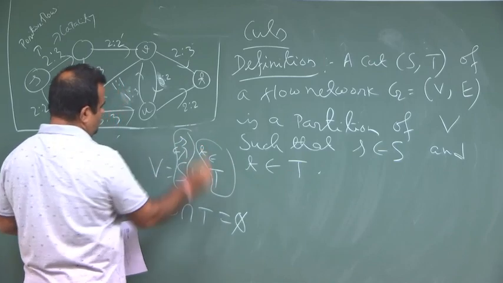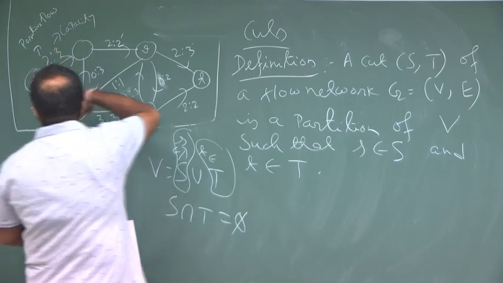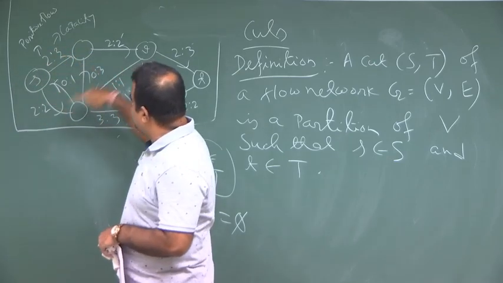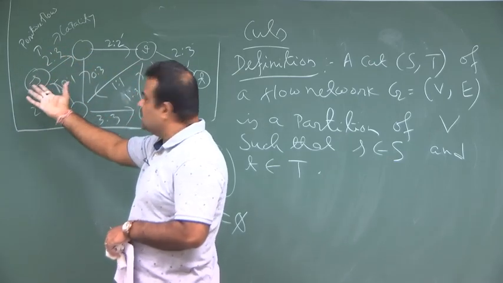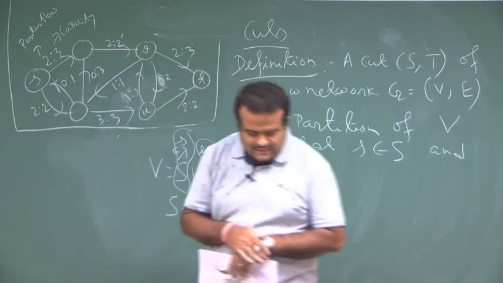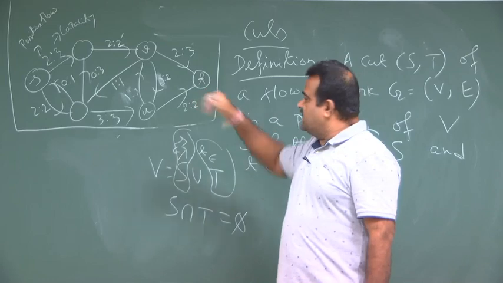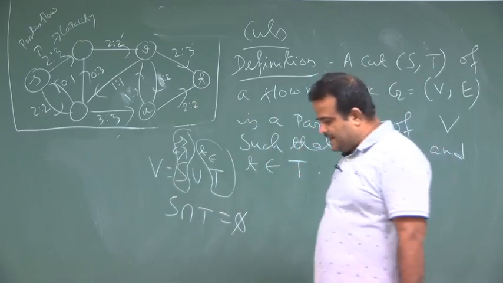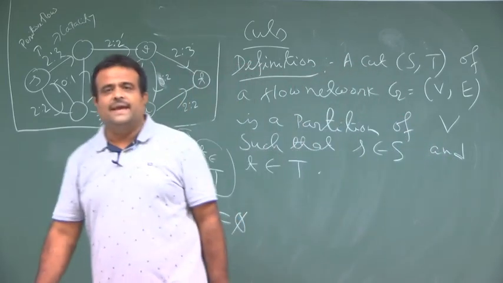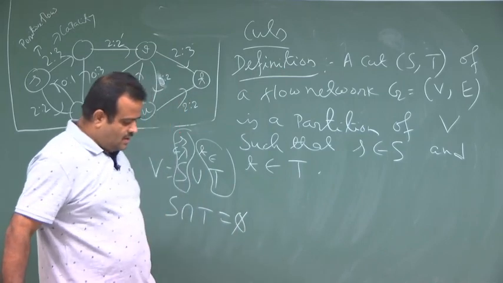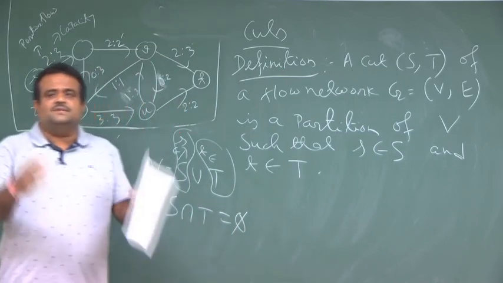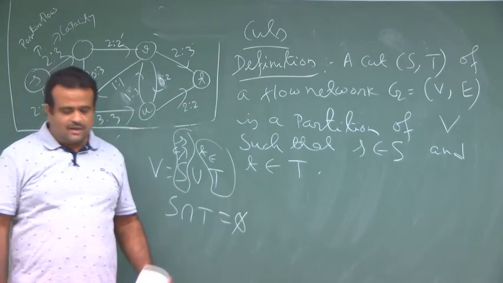So, this is the property. We take a capital S containing the source s, and we take another set capital T which contains the sink t. Any such partition is called a cut.